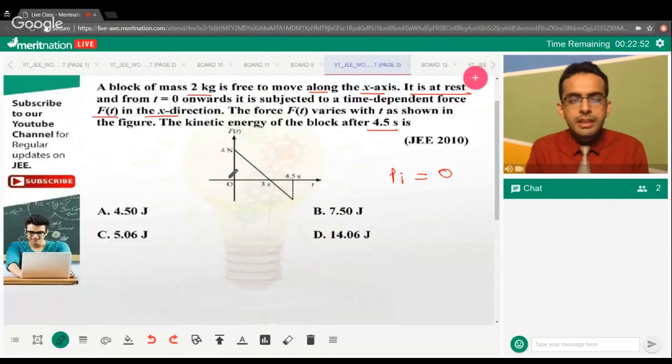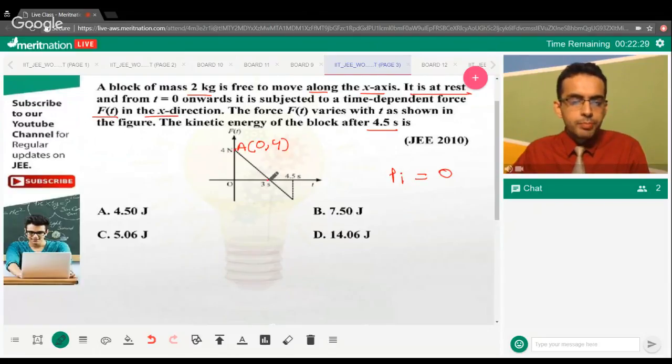Students, you can see that this is a straight line, and in a straight line the slope is constant. Let's take this point as point A, and the coordinates of this point are (0, 4).